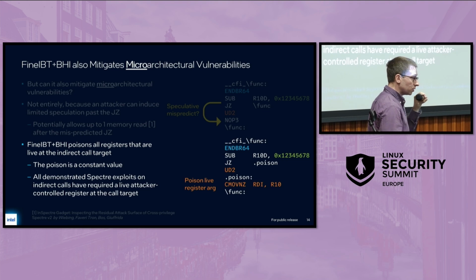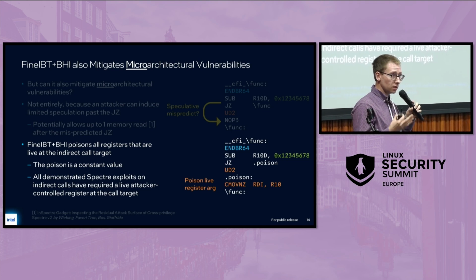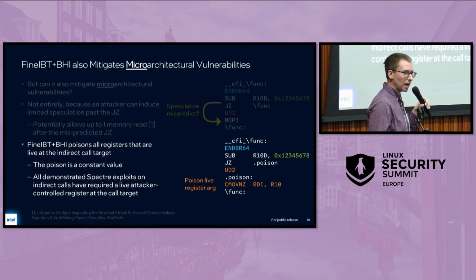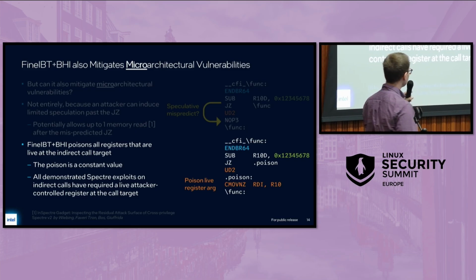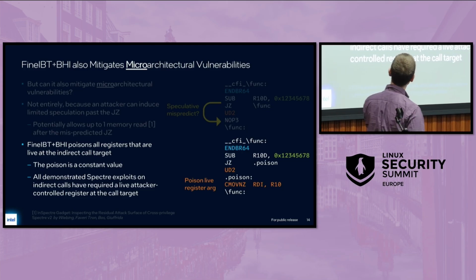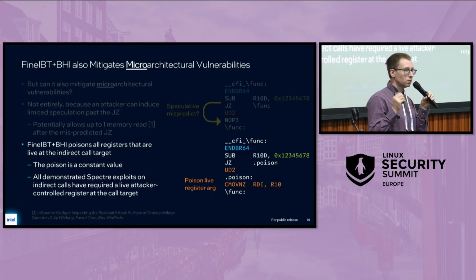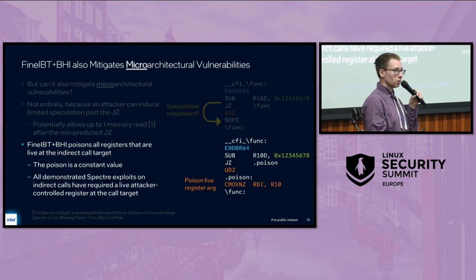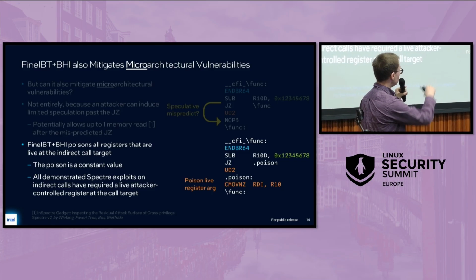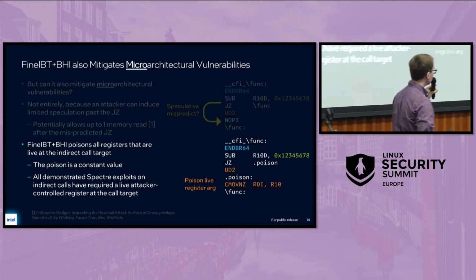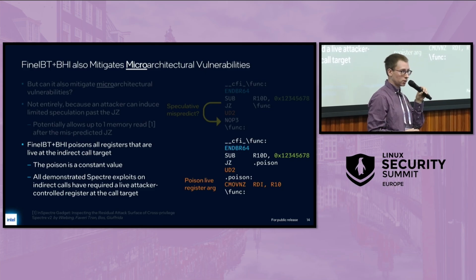So the solution that we introduce with FineIBT plus BHI, which is what we've chosen to call it because it was originally conceived as a novel mitigation to address branch history injection. There's a historical aspect to that name. The solution that we've adopted is to use cmov instructions, which on x86, unlike the jump instructions, are not predictable. We use the cmov instructions to poison the registers that are live at the call target if the hashes do not match.